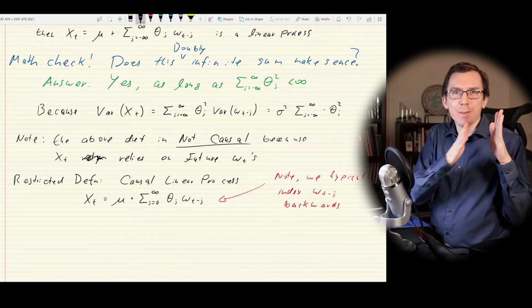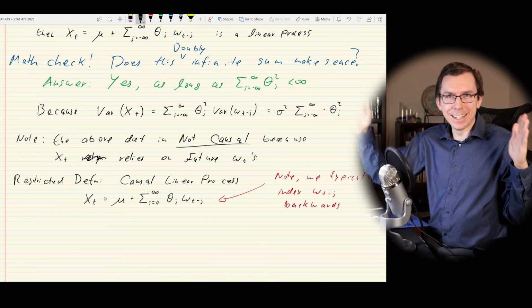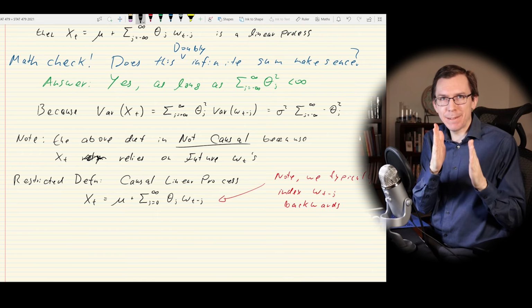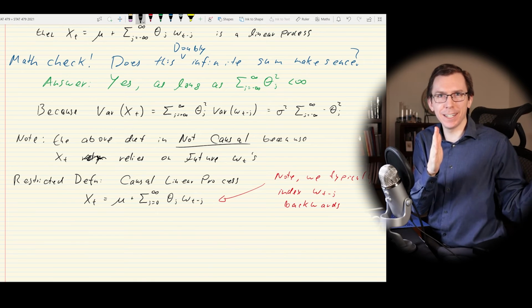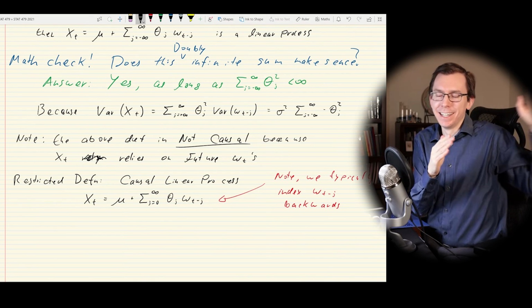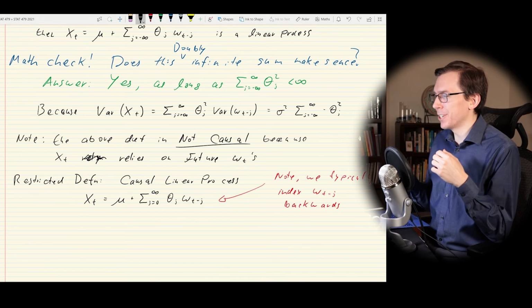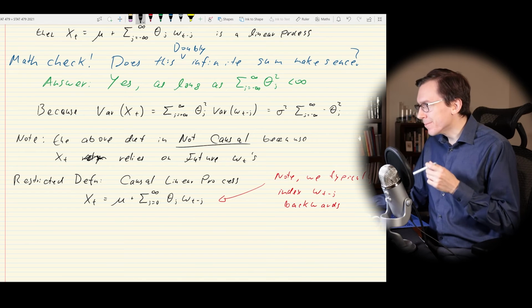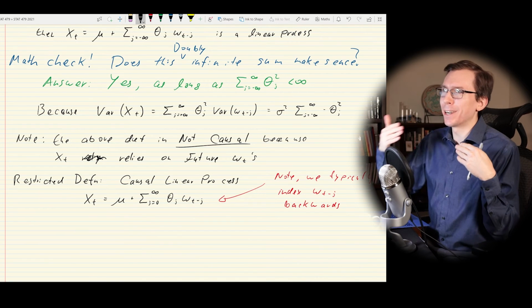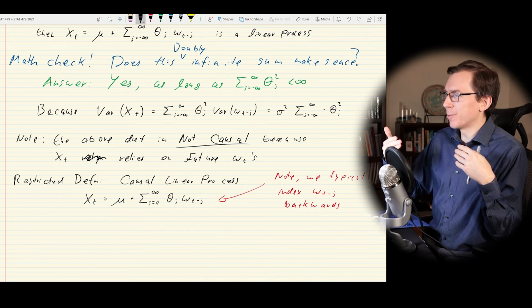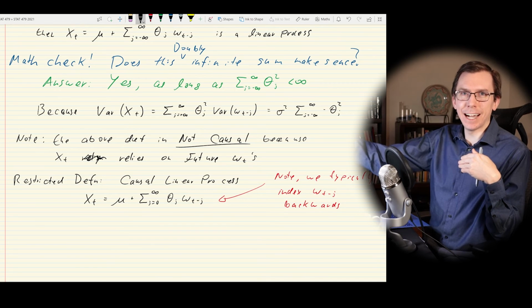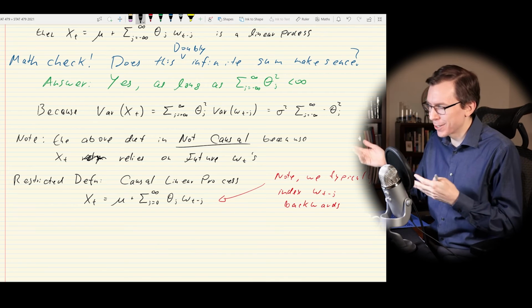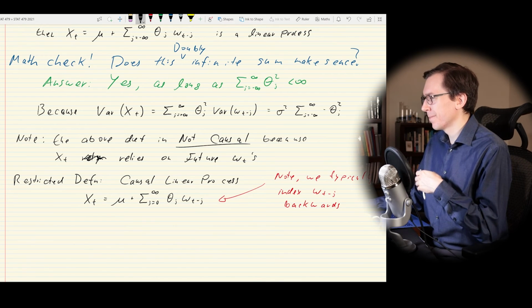As j goes from 0 to infinity, w_{t-j} goes from w_t to w_{t-1}, w_{t-2}, w_{t-3}, all the way back to minus infinity. It's the convention for writing these things down in a time series context. So it's something to be aware of: by writing j from 0 to infinity, I'm actually considering the past, not the future, because of the way we define this.